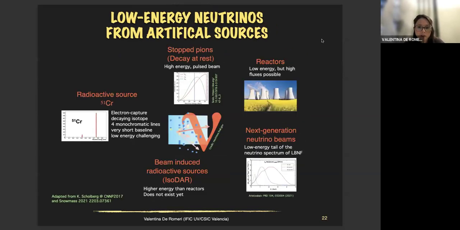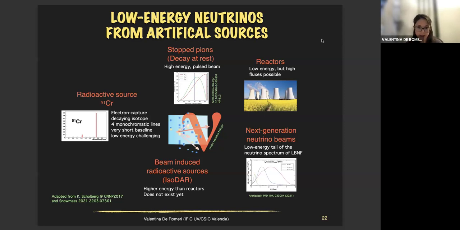Regarding artificial sources, several have been discussed in the literature: neutrinos from stopped pions and from nuclear reactors, neutrinos from radioactive sources, and also next generation neutrino beams, like those that will be exploited, for instance, by the DUNE experiment, could be used for CEvNS, even though they usually produce neutrinos that are more energetic. The low energy tail of this spectrum could also be used to induce CEvNS.